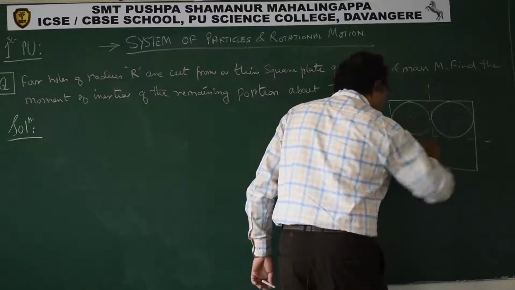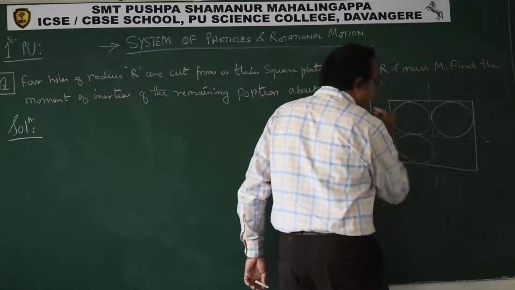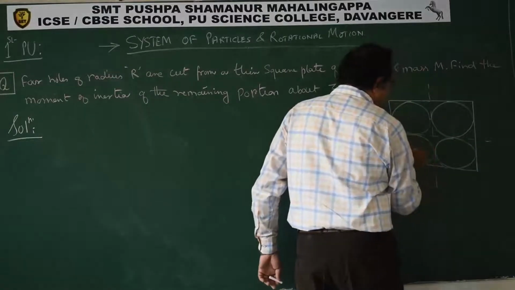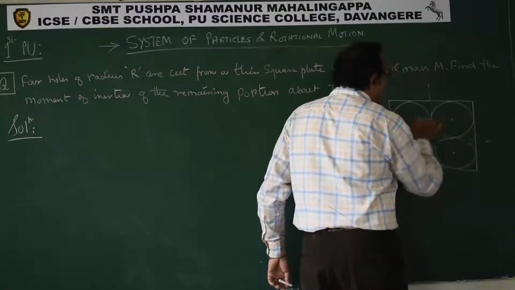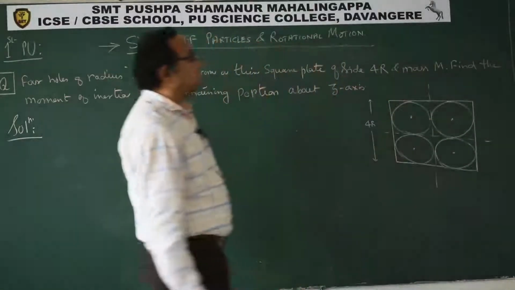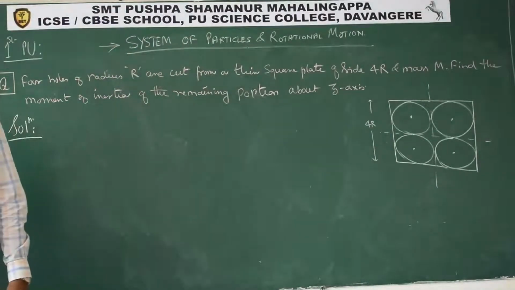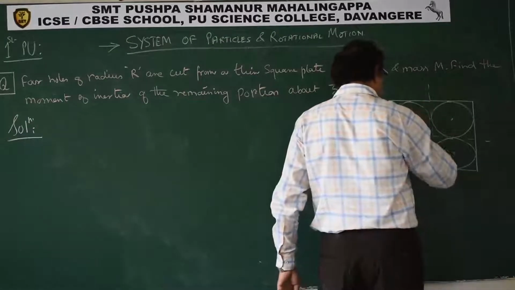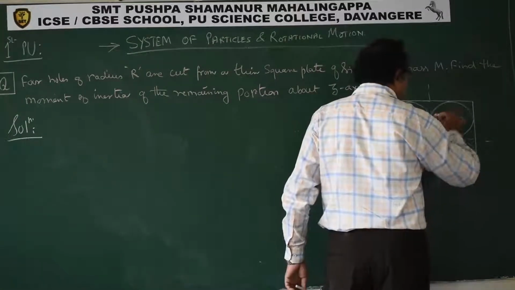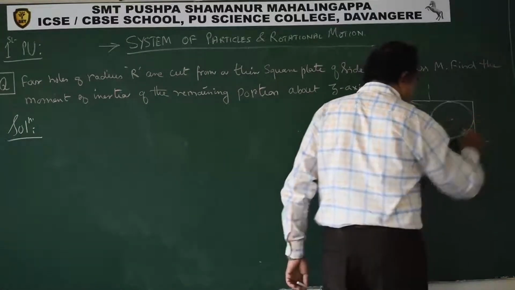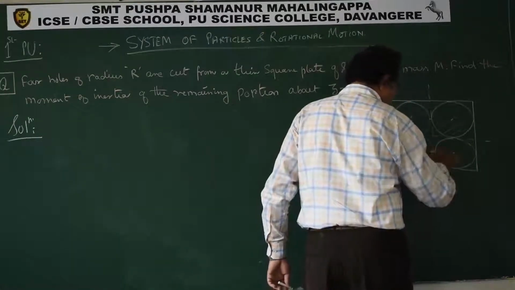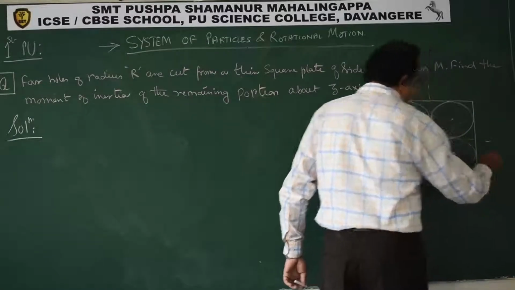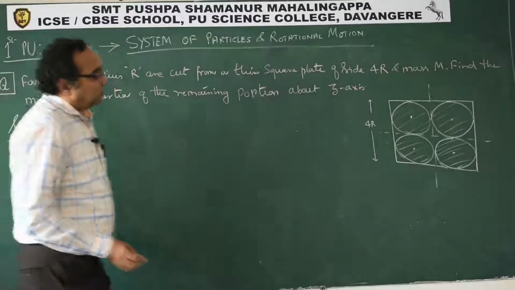So, this is the center. This part is removed. So the question says this part we are removing. What is the moment of inertia of the remaining portion?